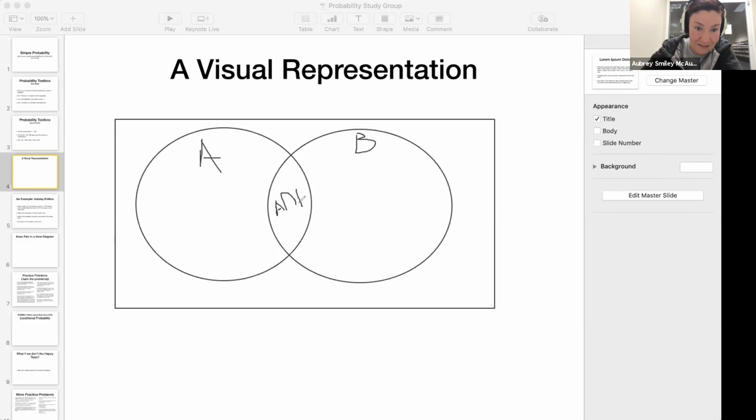Imagine it's intersect. And then over here, you may think this is only B, but it's also not A, or A prime. And then you may think this is just A, but this is also not B. And this is neither A nor B. So you could write this as A prime intersect B prime. And then a little equivalency you could have is this is also the antithesis of A union B.